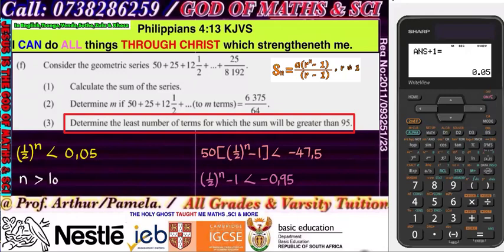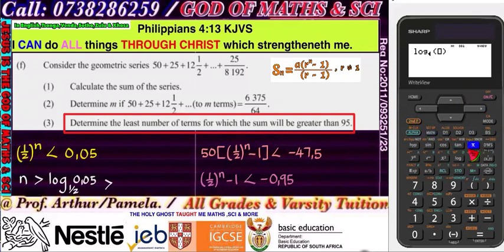Another method is going to be logarithm. The base will be the half, the number will be 0.05. There we go, and then it's going to be greater than. I'm going to go back to the yellow and show you another option.